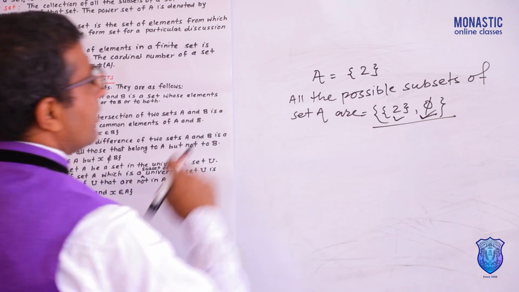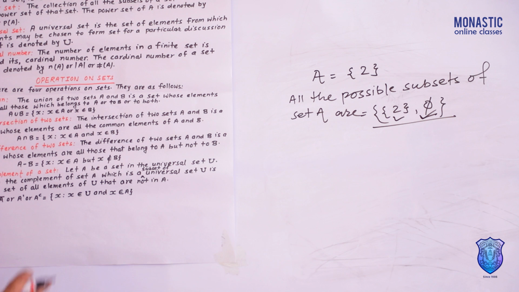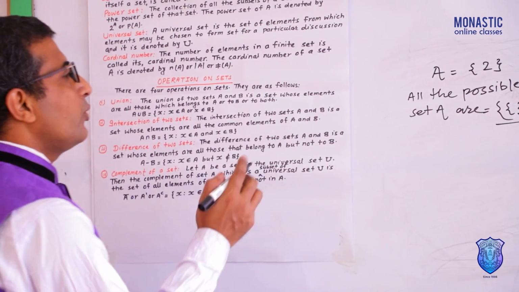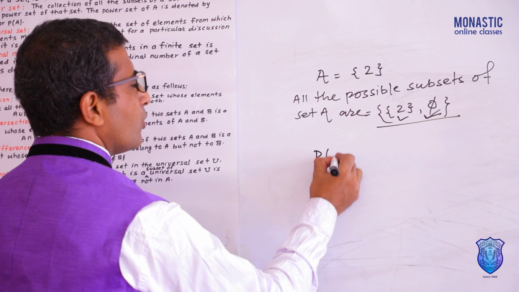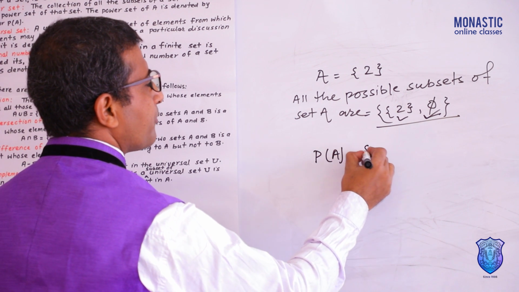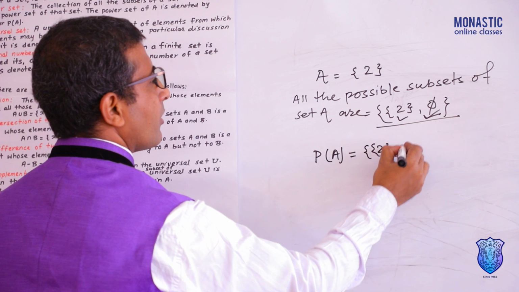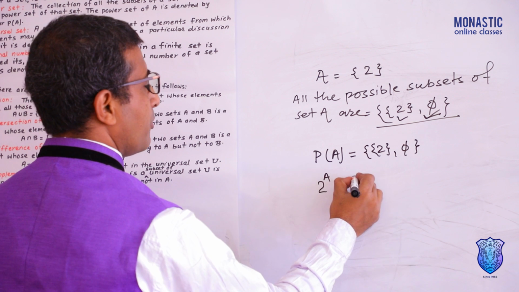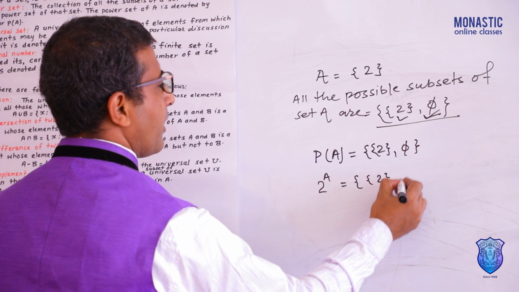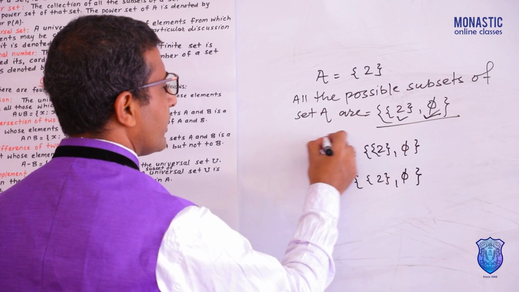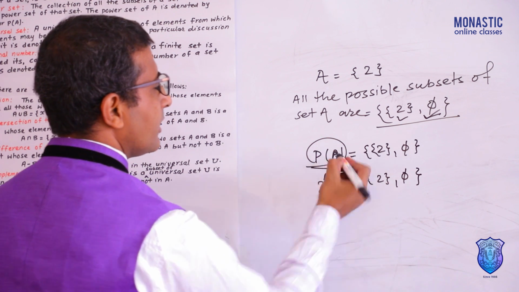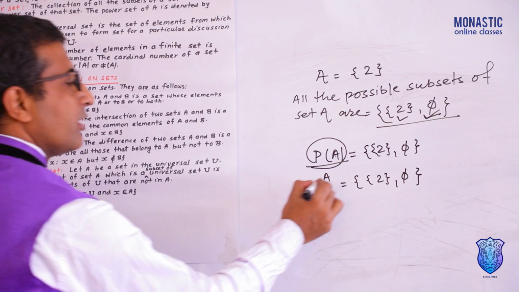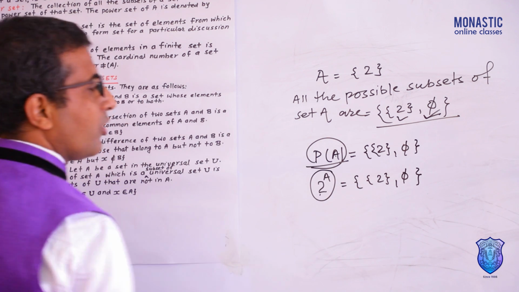That is, we can say the power set of A. All the possible subsets of set A became the power set of set A. We represent the power set with P(A), or we can write 2 to the power A. Both mean the same. The power set is represented in 2 ways. P(A) we will read as power set of A. This is also power set of A.